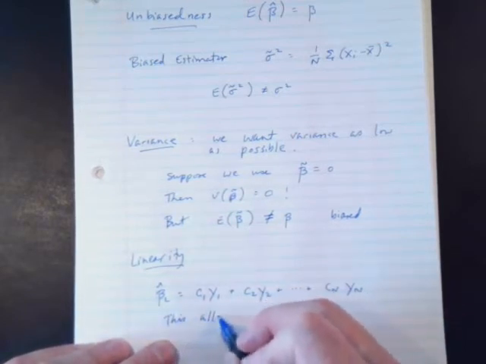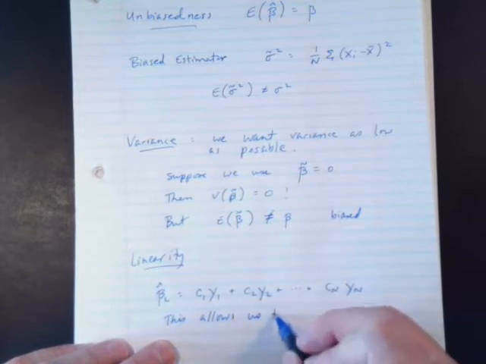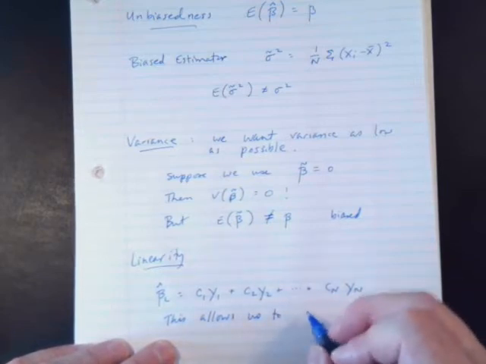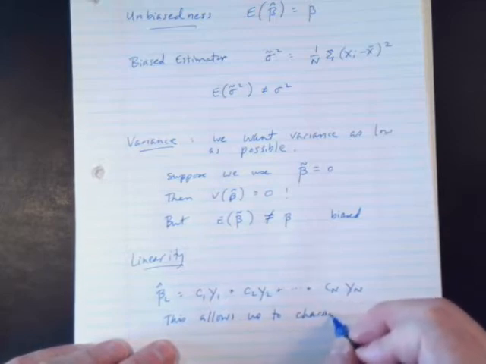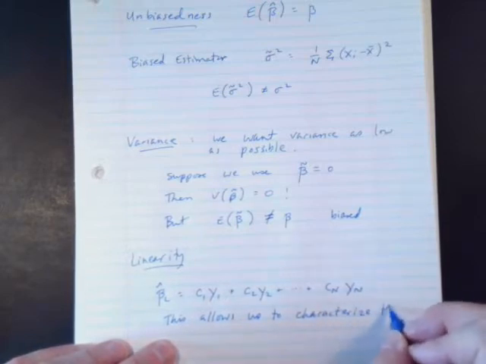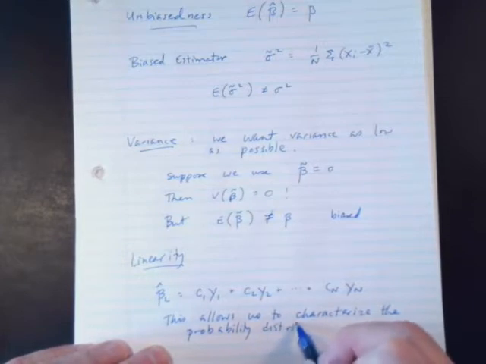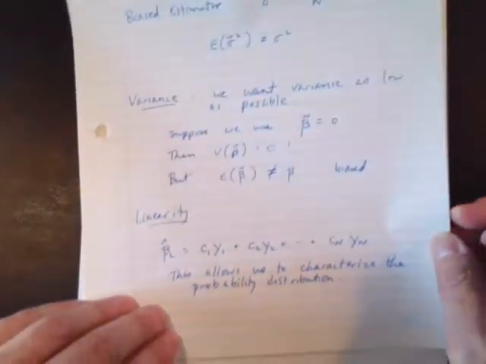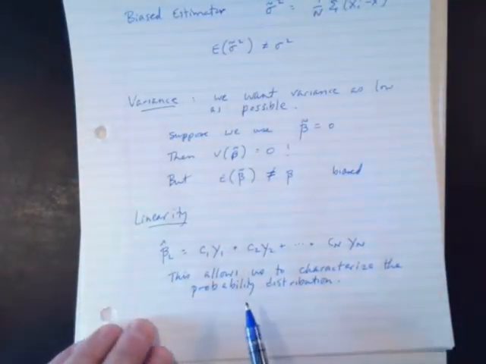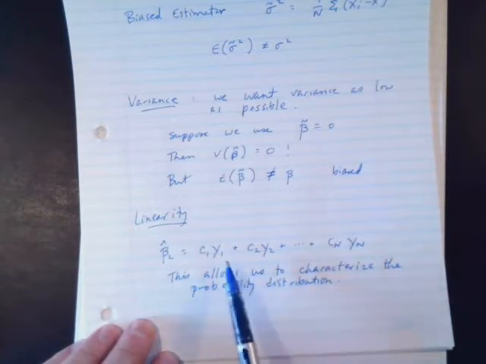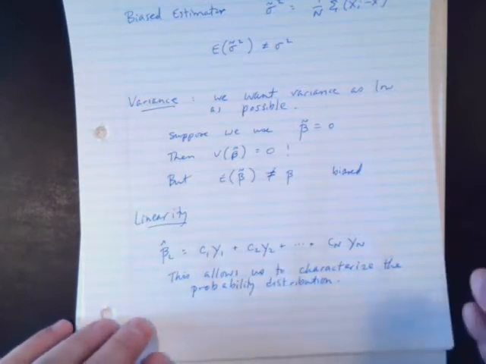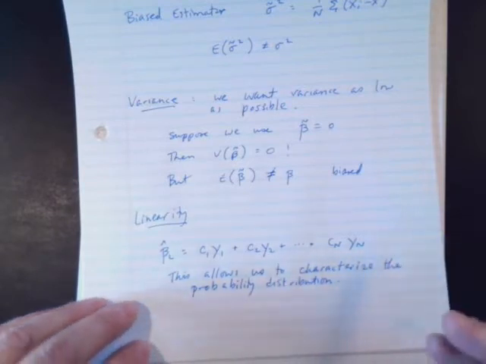So this allows us to characterize the probability distribution. Okay, so if this is a nonlinear function of the y's, it then gets a lot more difficult to characterize a probability distribution.